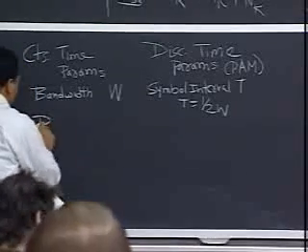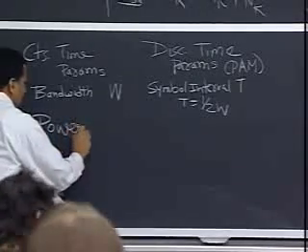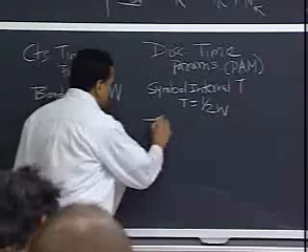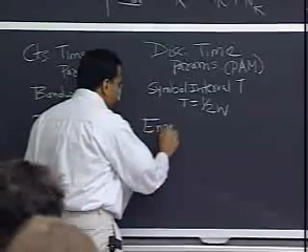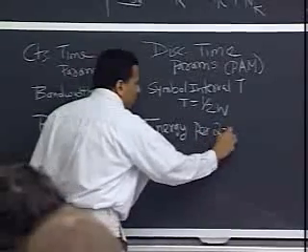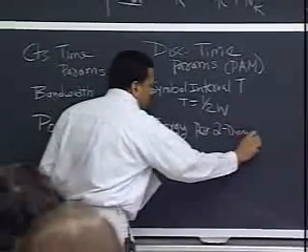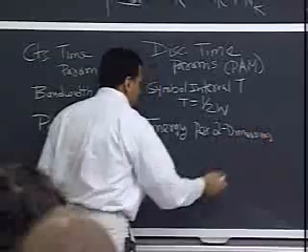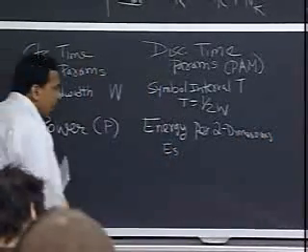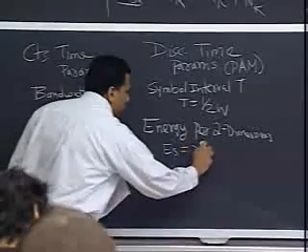The second parameter is power, which is P in continuous time. In discrete time, the equivalent parameter is energy per 2 dimensions, denoted by E_S, and E_S is related to P by E_S equals 2PT.